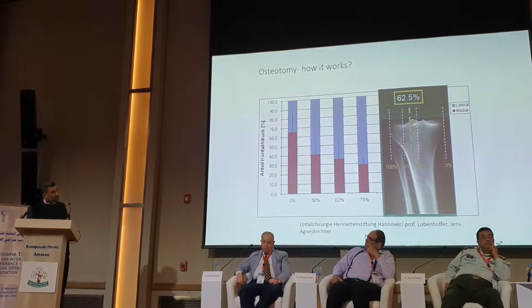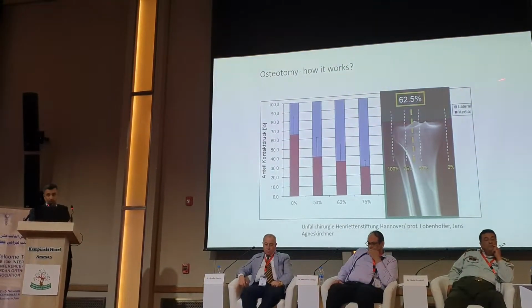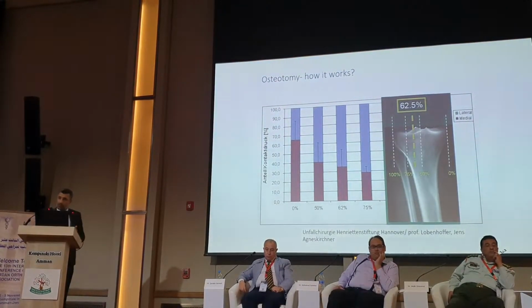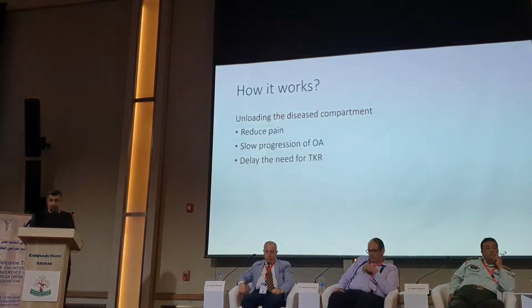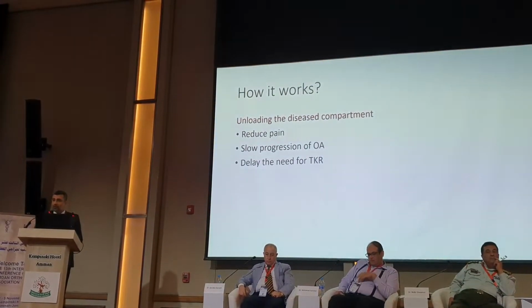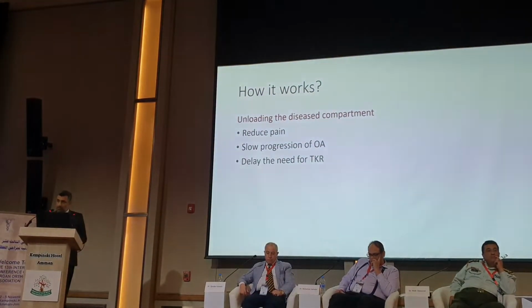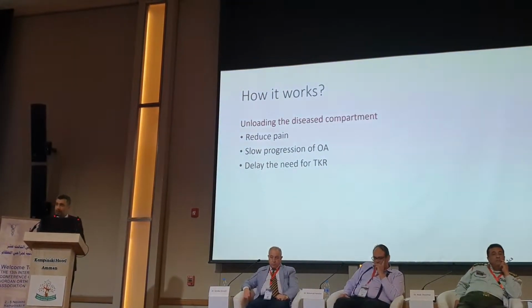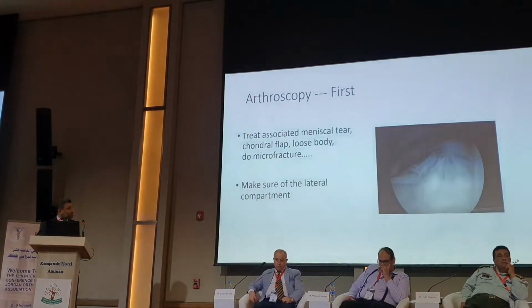And if we shift it to this point, called the Fujisawa point, or 62.5%, the load goes the other way, around 2/3 on the lateral side. So by osteotomy we are offloading the diseased compartment. We improve the symptoms, and most important, we delay the progression of osteoarthrosis and delay the need for total knee replacement, especially in young active patients.